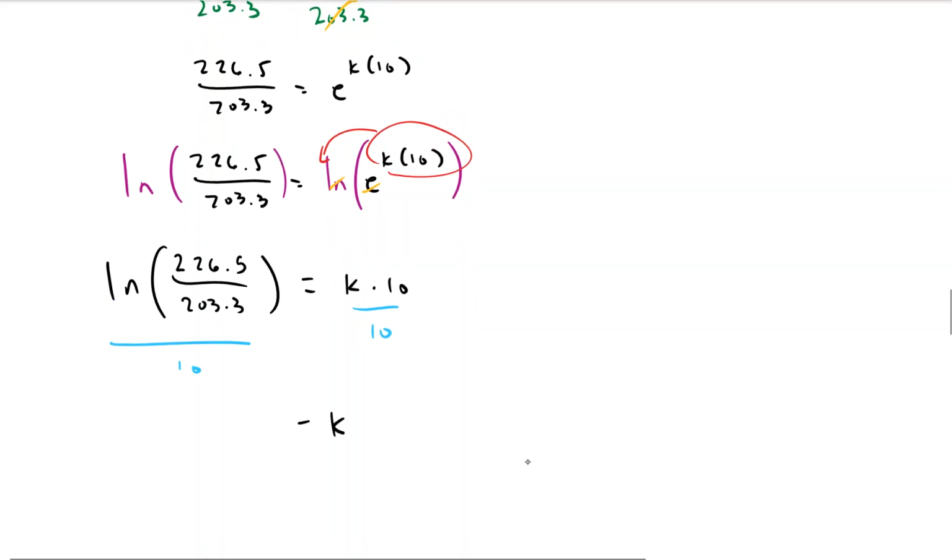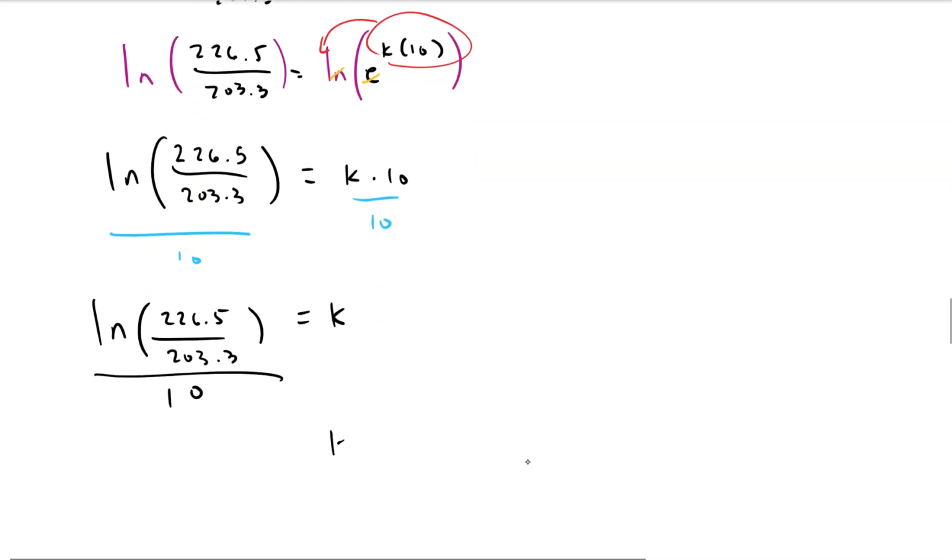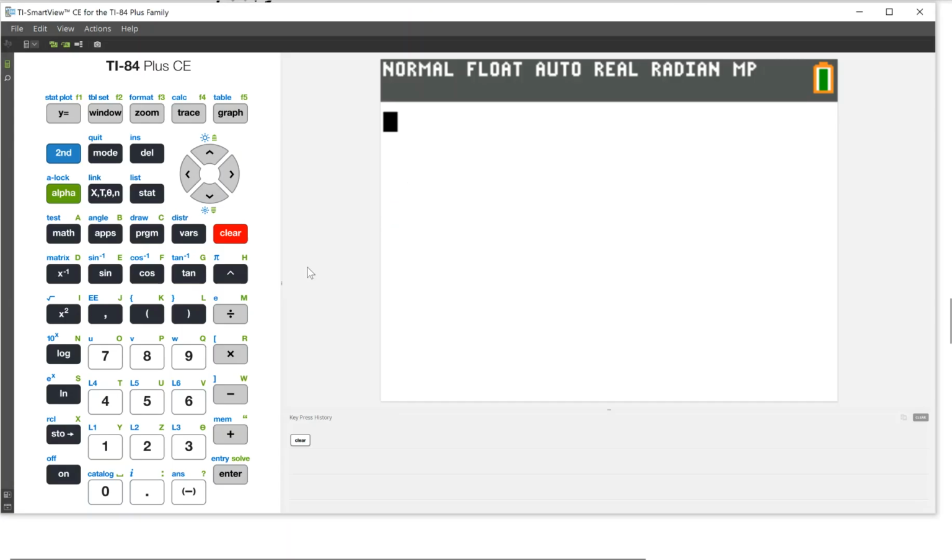So that gives us k equals the natural log of 226.5 divided by 203.3, all divided by 10. I should probably tell you what that is. If you put that into your calculator, it would be approximately 0.0108. All right, here's the calculator. Let's plug in our value for k and see what we get.